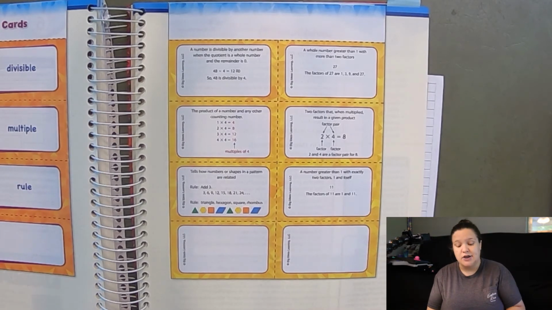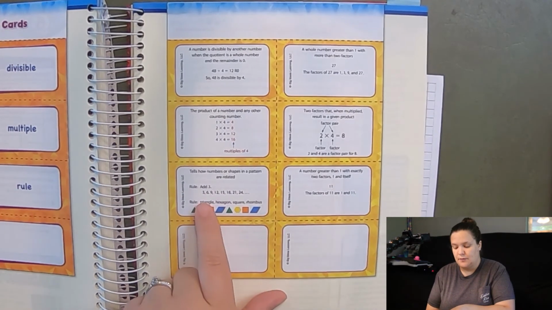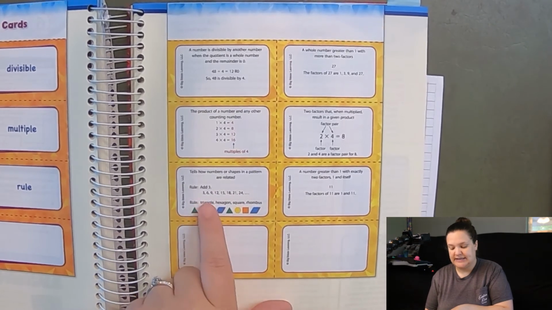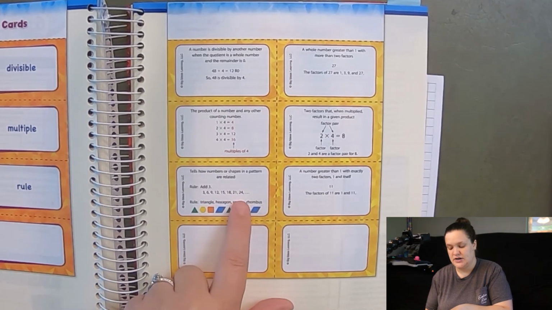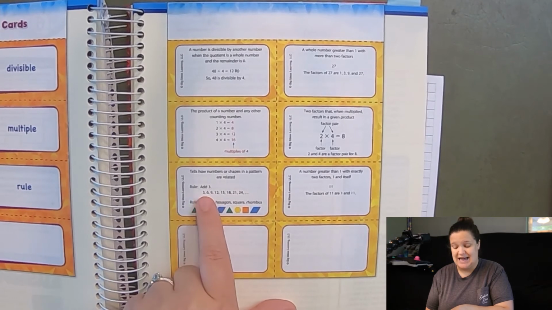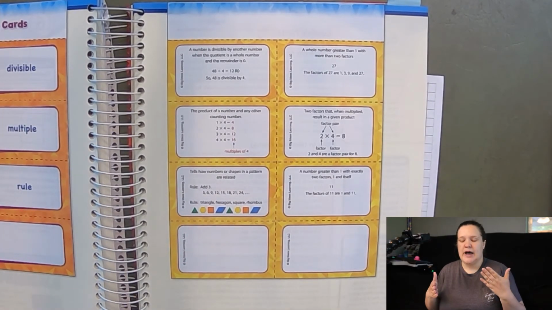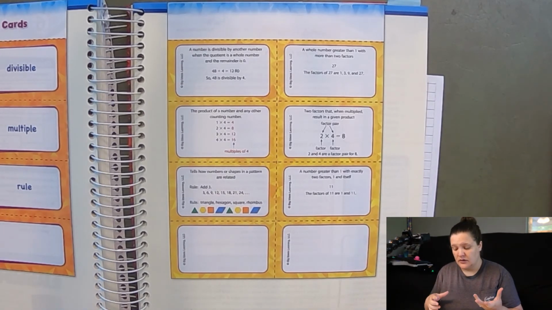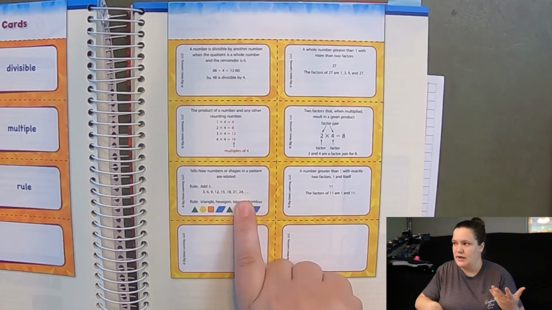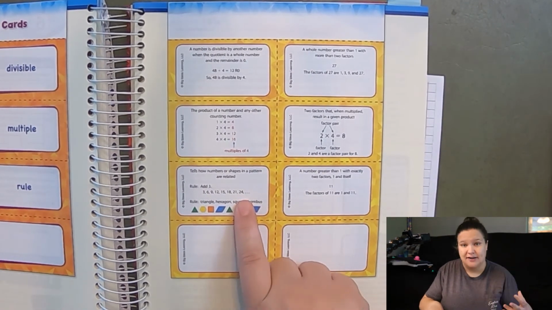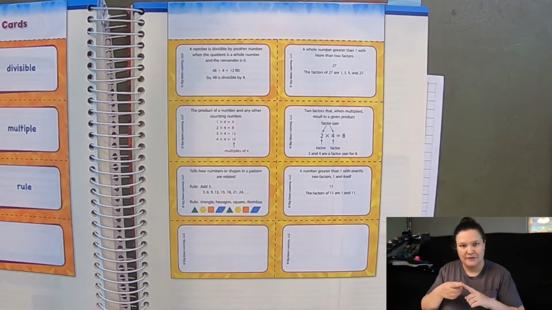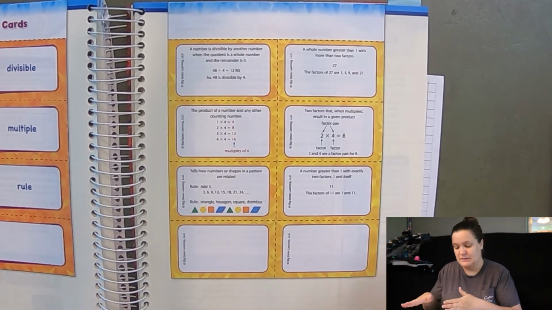All right, a rule. A rule in math tells how numbers or shapes in a pattern are related. So, in this line of numbers, 3, 6, 9, 12, 15, 18, 21, 24, the rule is add 3. That tells you what the pattern is going to be. So after 24, my rule is add 3, so 24, 25, 26, 27 would be my next number.